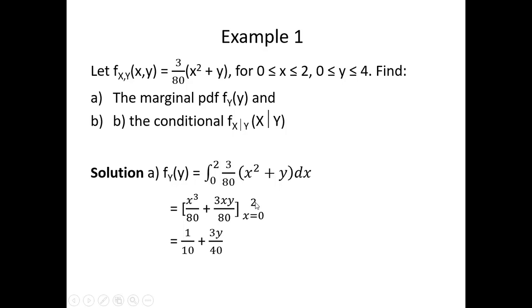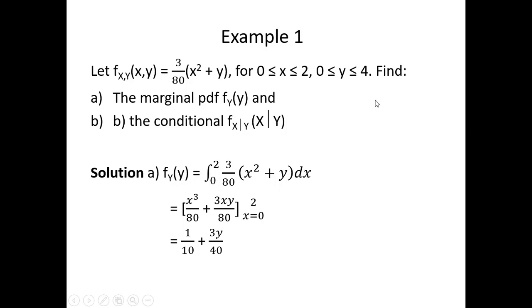So when I substitute in 2, we get 2 cubed is 8. 8 over 80 simplifies to 1/10. And this would be 3 times 2 times y over 80, but 2 goes into 80, so we're left with 40 in the denominator, and we have 3y in the numerator. So this would be our marginal PDF. And remember, y varies from 0 to 4.